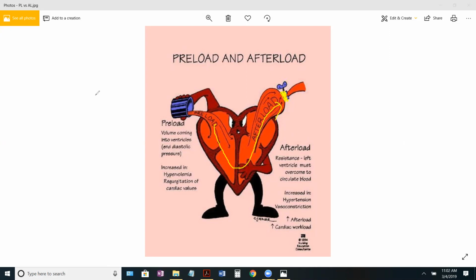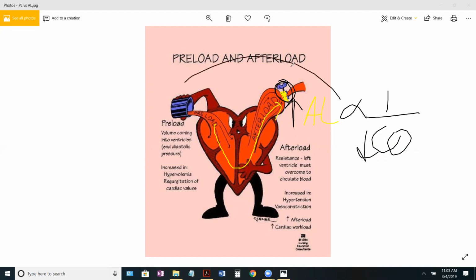So the ejection has an inverse relationship to the afterload. When afterload gets high, should the cardiac output increase or decrease? Decrease. When the afterload increases, meaning the resistance at the outlet of the heart increases, the cardiac output will decrease.